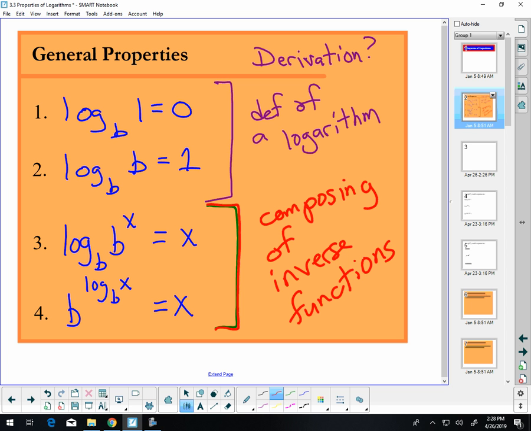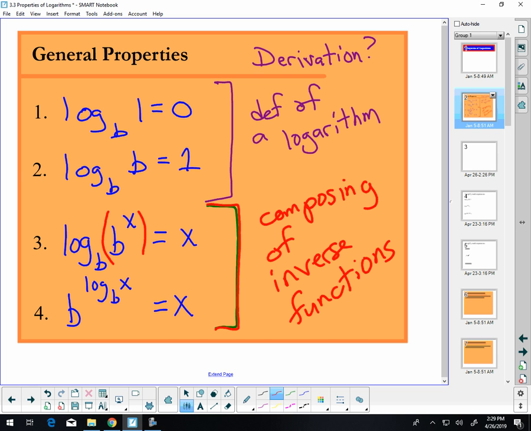If you think about property 3 here, we have a logarithm base b, but the input into the logarithm base b is an exponential function base b. So we are composing inverse functions. And we know that when we compose inverse functions, they quote unquote undo each other, and we get the value that we started with back.